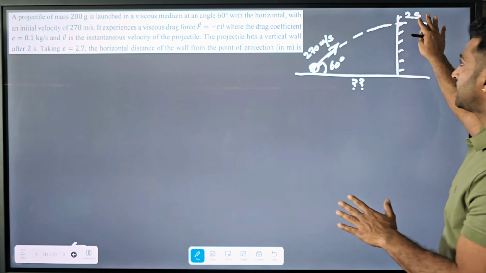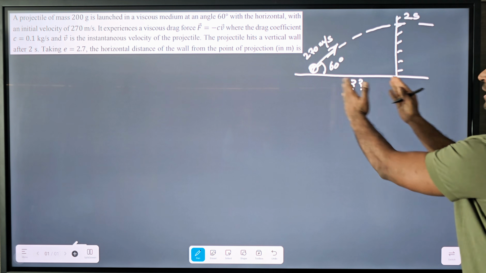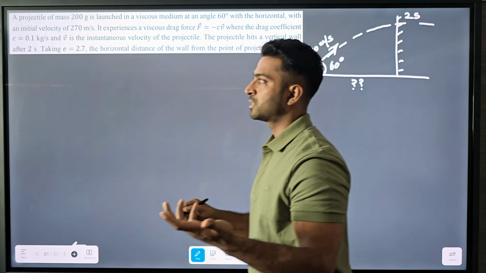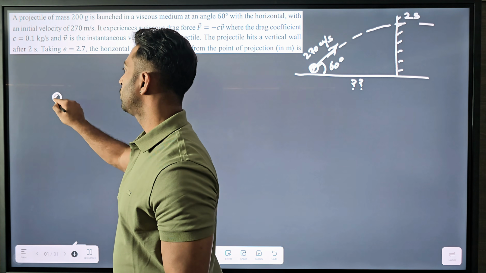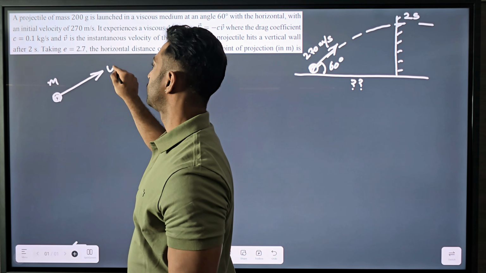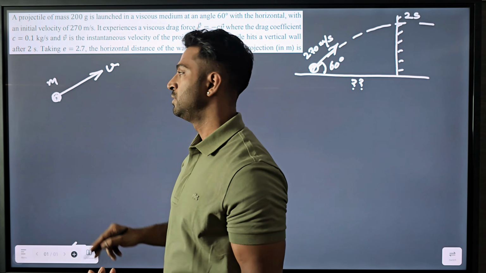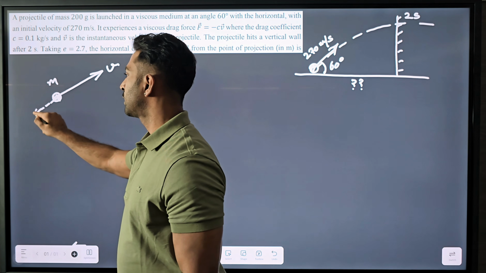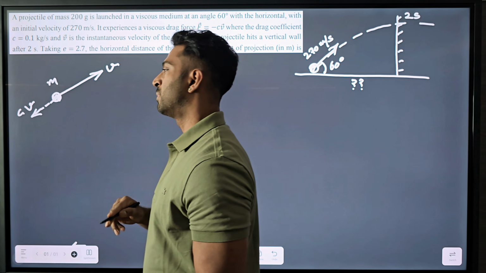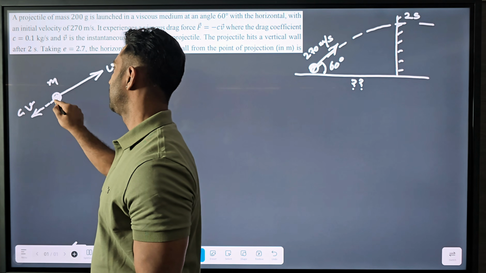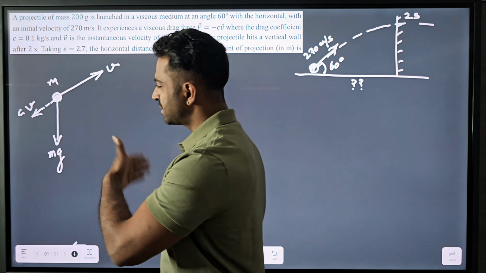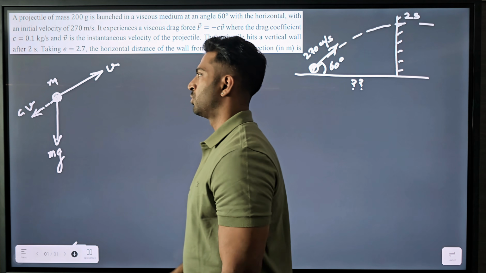So we are given the time and we are asked to find the x coordinate of the projectile. The first, obvious step is to draw the FBD of this projectile at any given time t. If the velocity of the projectile is v, it experiences a drag force directly opposite to the velocity, given by CV. Of course, there is an mg also, but since it is in the y direction, we don't bother about that.